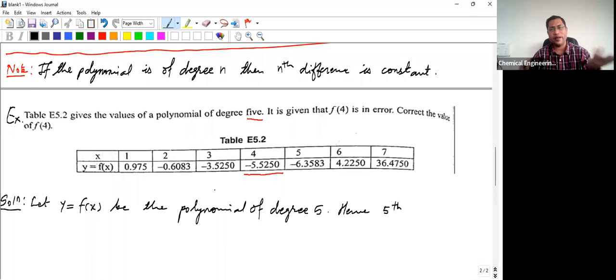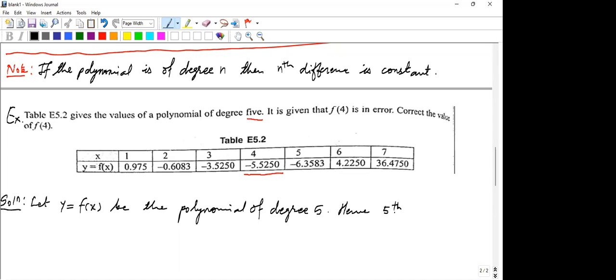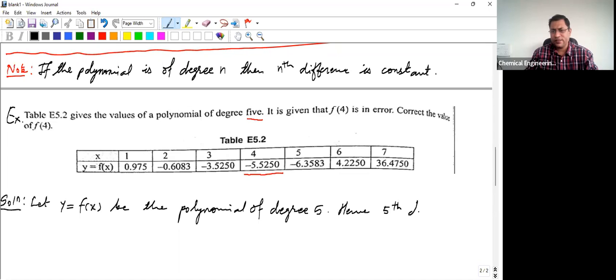Otherwise it will be with the error. Got it? That's why we have to correct this. So hence, fifth differences will be constant.